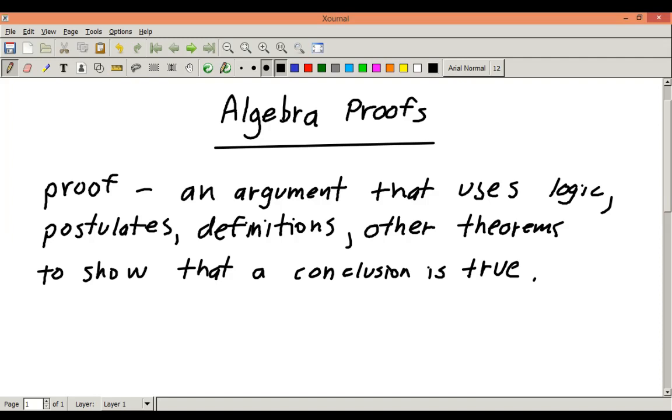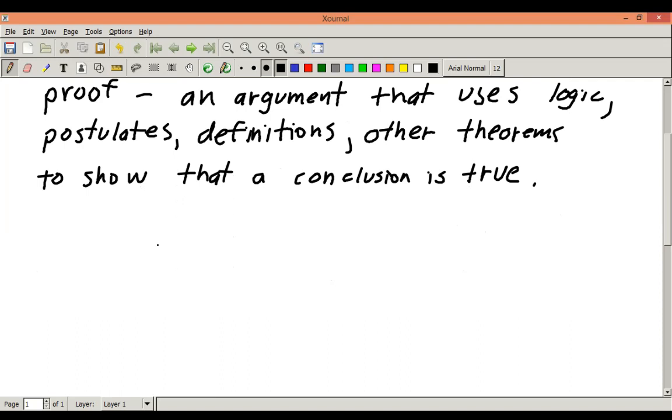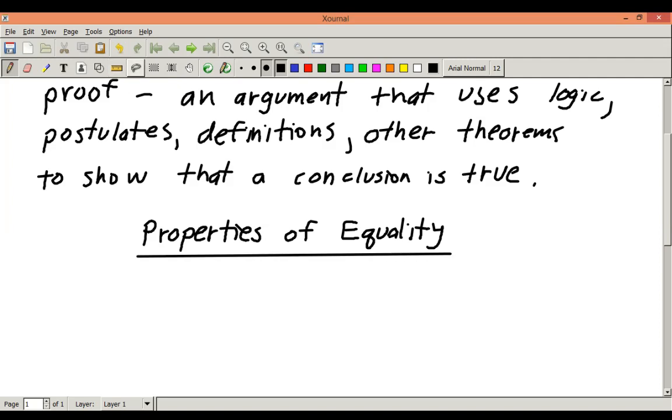Okay, so to do some of the proofs today, we need the following properties of equality. The first one is the addition property.